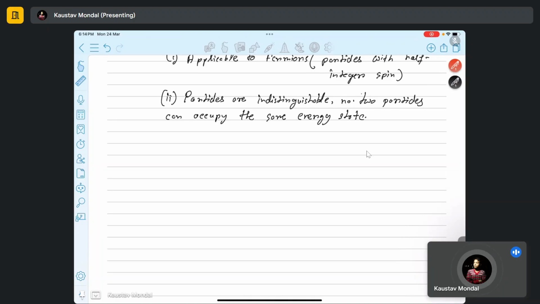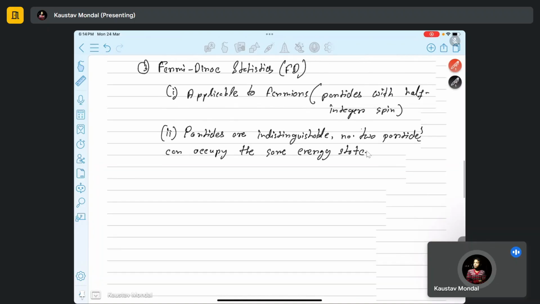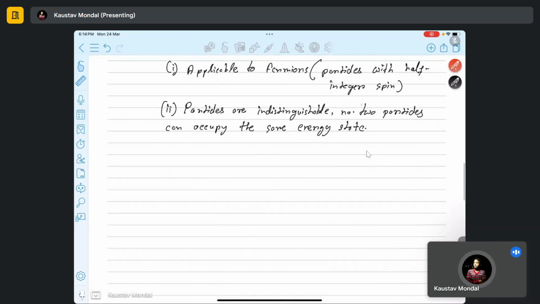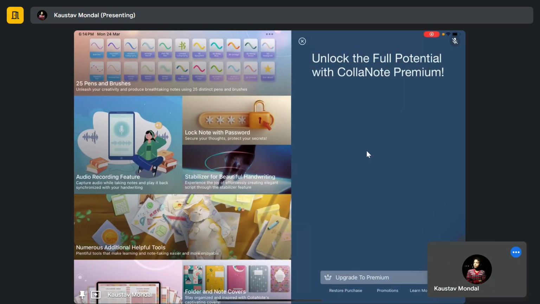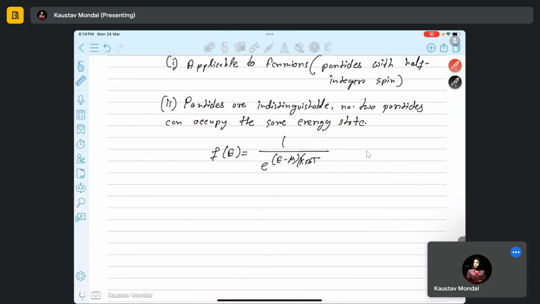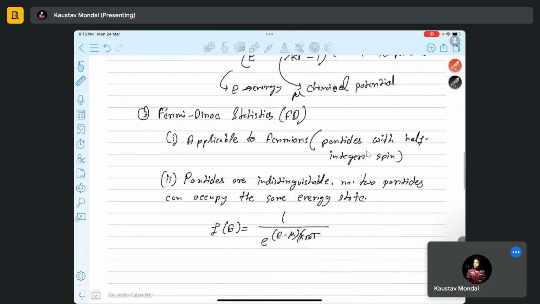I hope all of you understood. And here also there is a distribution function. The probability of a particle occupying the energy level E, that is f(E), is 1 by e to the power (E minus mu) by kT, plus 1.